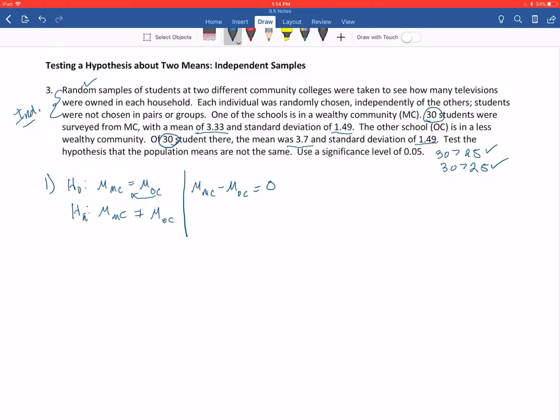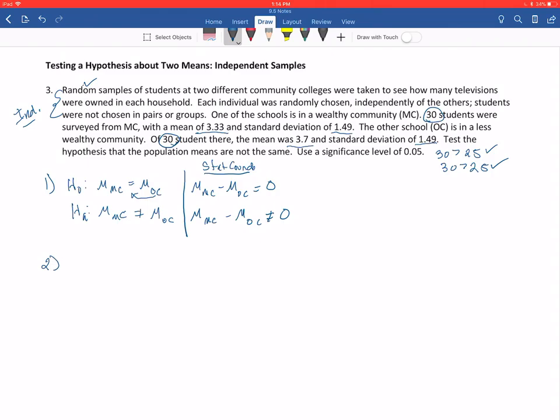If two numbers are the same, then you should be able to subtract them and get 0. And if two numbers are not the same, when you subtract them, you should not get 0. So this is the StatCrunch formatting. Even though when I write it down personally, I always write it the first way. So you can write it either way you want to for your own self, as long as you understand that they're working back and forth with those.